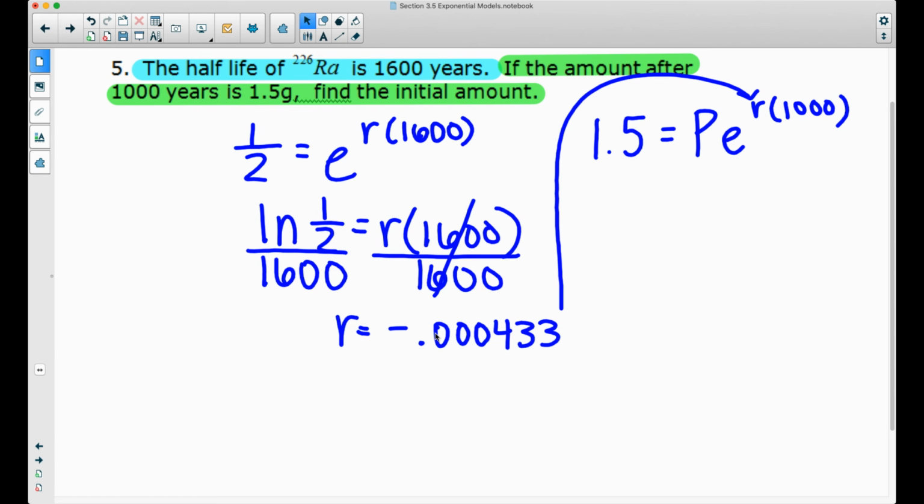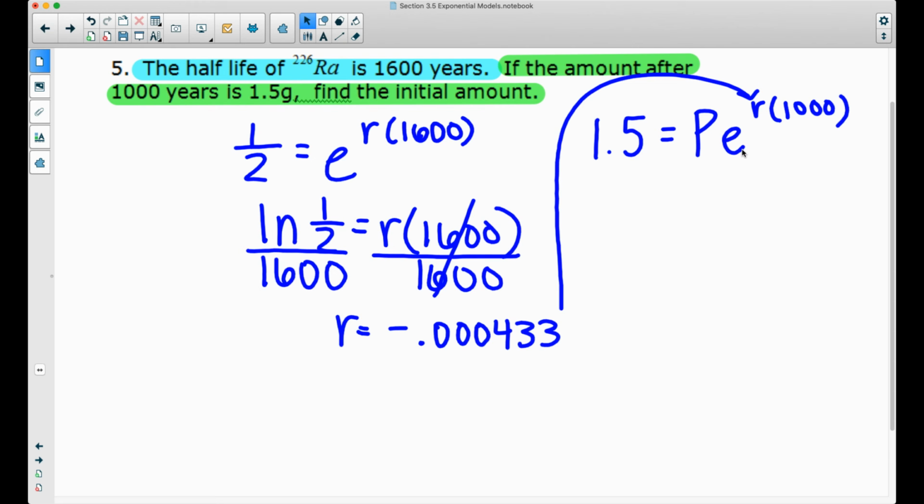All right? A couple of different ways you can approach this problem. Let me ask this question: how would we get our principal by itself if that r was plugged in? Looking at this problem, if I had r plugged in, how do we get p by itself? What's happening between these two terms?